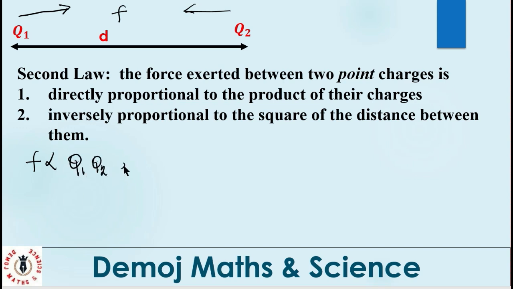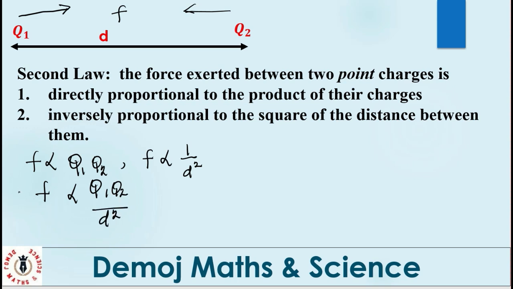At the same time, Coulomb's law also says that this same force F will be inversely proportional to the square of the distance between them. That is, F is inversely proportional to the square of d. If you put these two together, F will be proportional to Q1 Q2 over d squared.